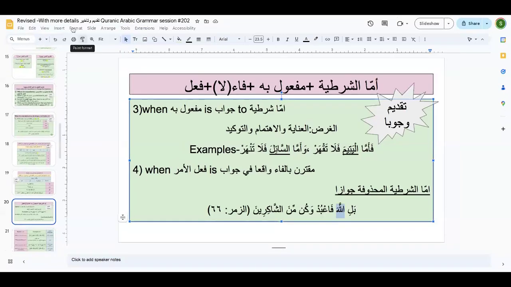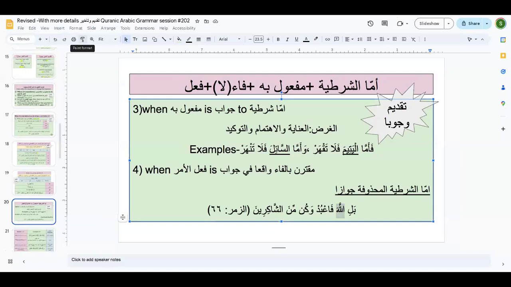Remember, we had these examples. One second, I'm going to just quickly show you those examples. If you look at this one, warabbaka fakabbir, we covered this in a previous session as well.